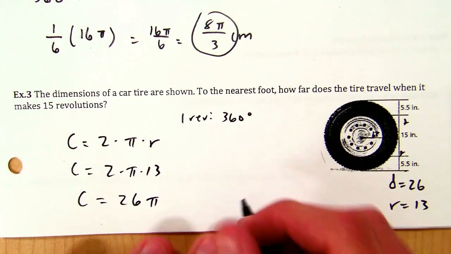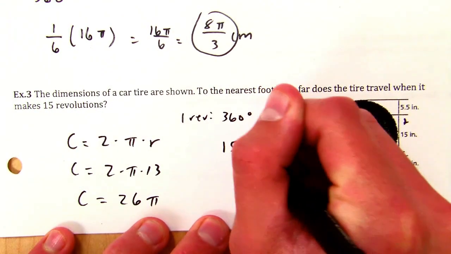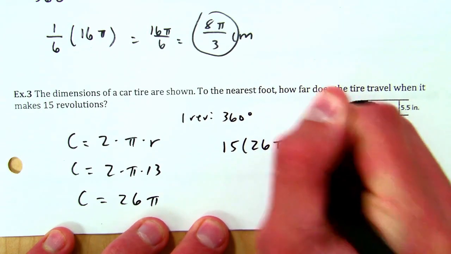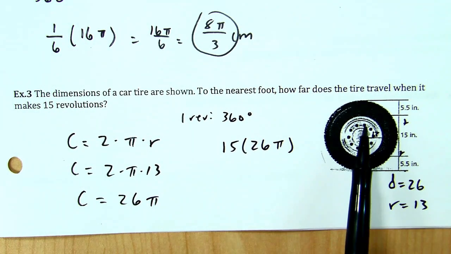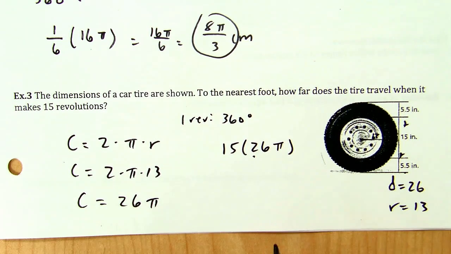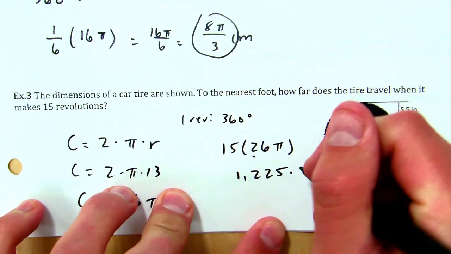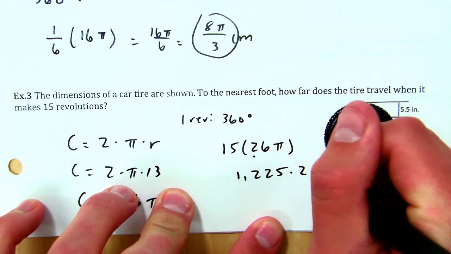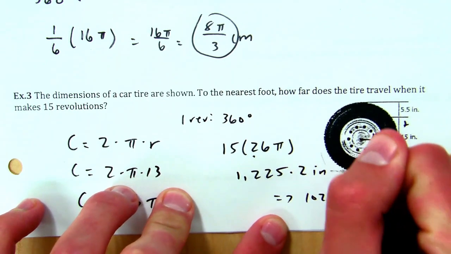So the total that it traveled is not one of these 26 pi's, it's actually 15 26 pi's. One time around is 26 pi. We got 15 of those. So when you multiply that through, you'll get 1,225.2 inches. And if you want to convert that to feet, it's roughly 102 feet.